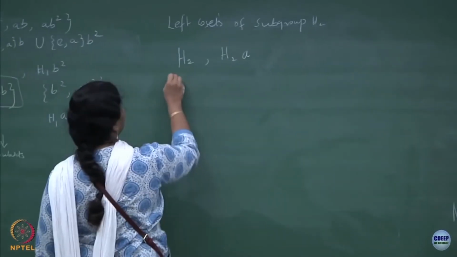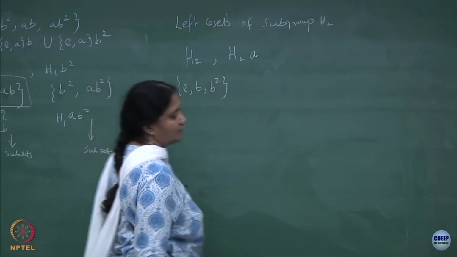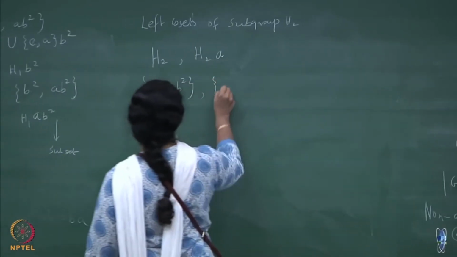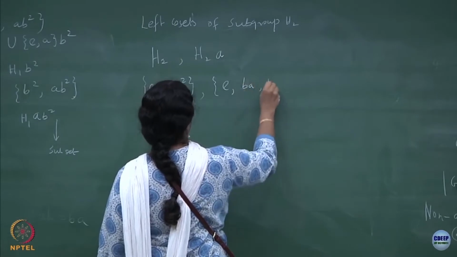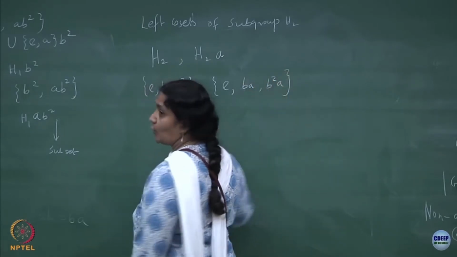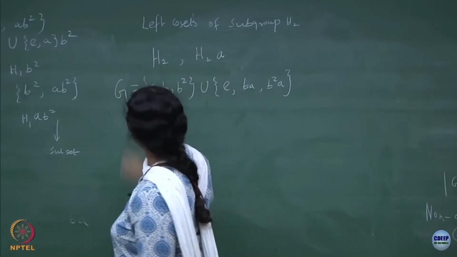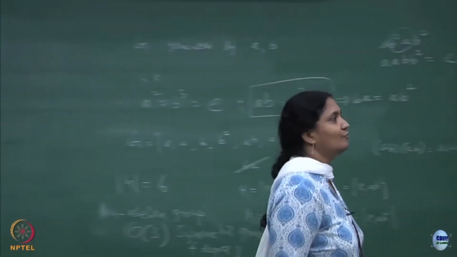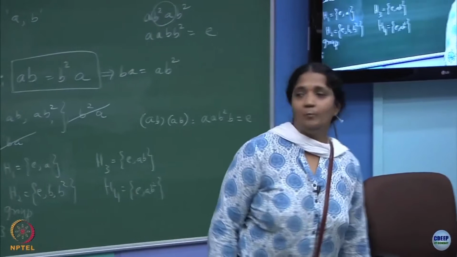So, what is this? This is {E, B, B squared}, that is H2. The next one is, anything else? Totally the union of these two will give you the group G. It is a disjoint union of these two. Clear? What about right coset?